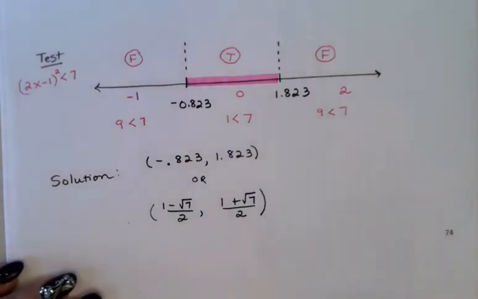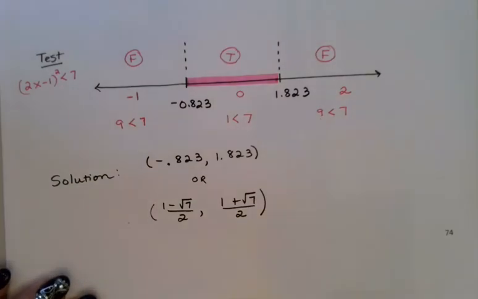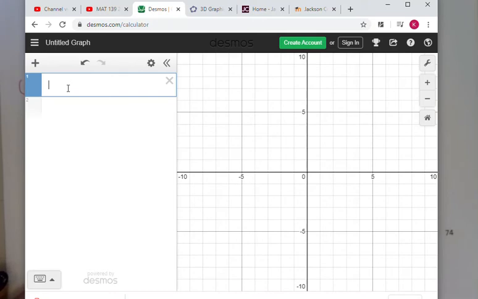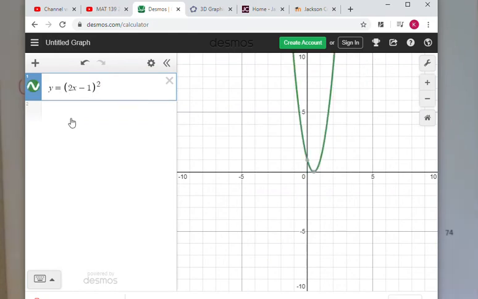All right, let's go ahead and take a look at the same inequality graphically. I'm going to flip over to Desmos. And I'm going to graph the left-hand side, 2x minus 1 squared, and then the right-hand side, just y equals 7.